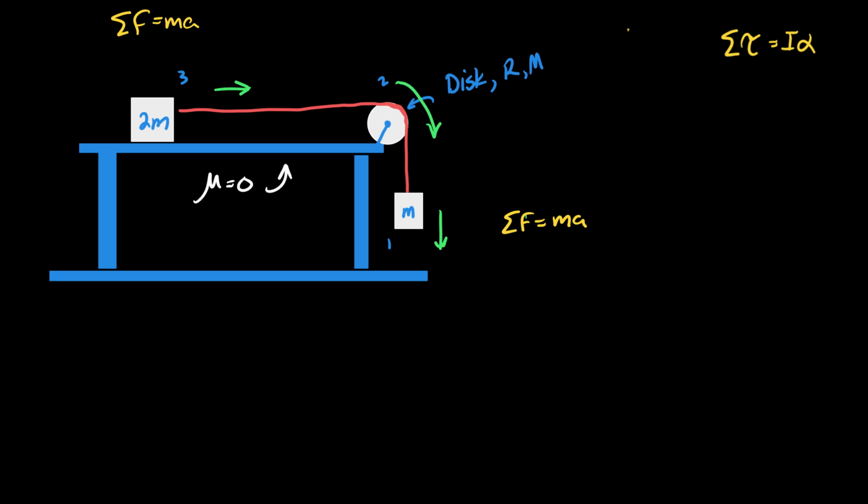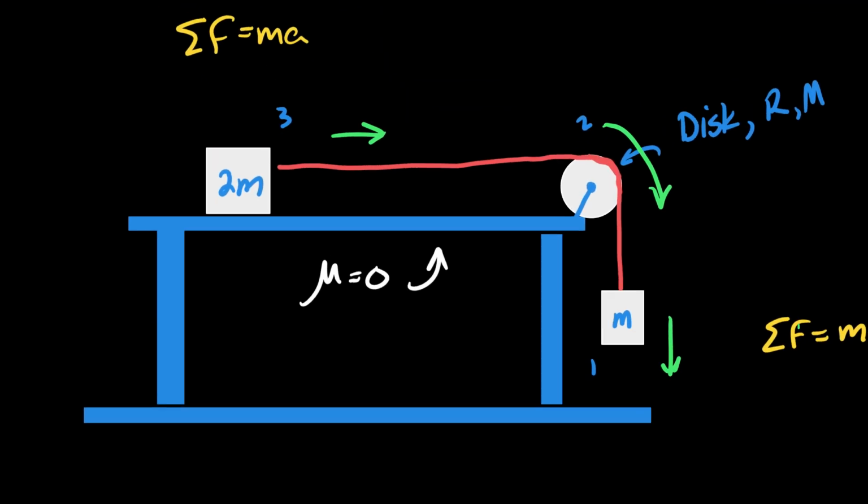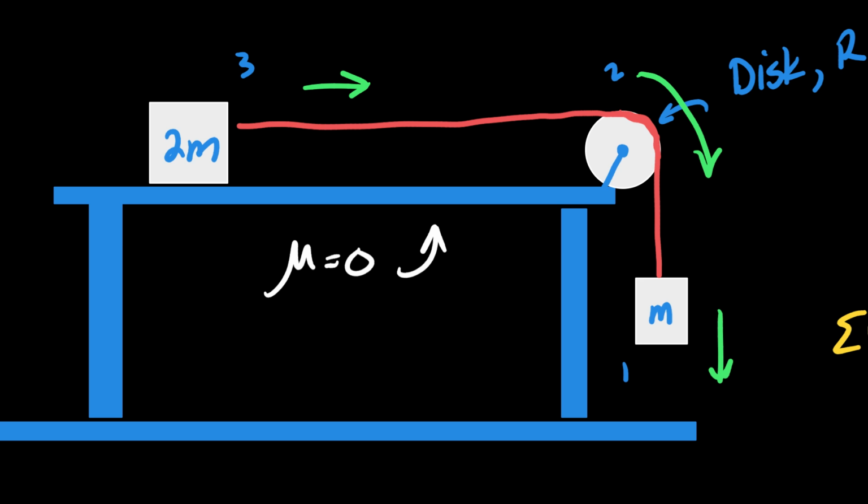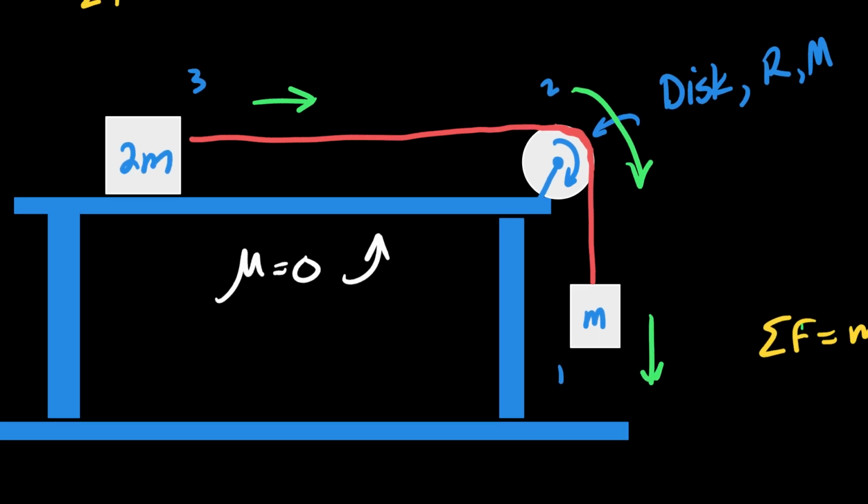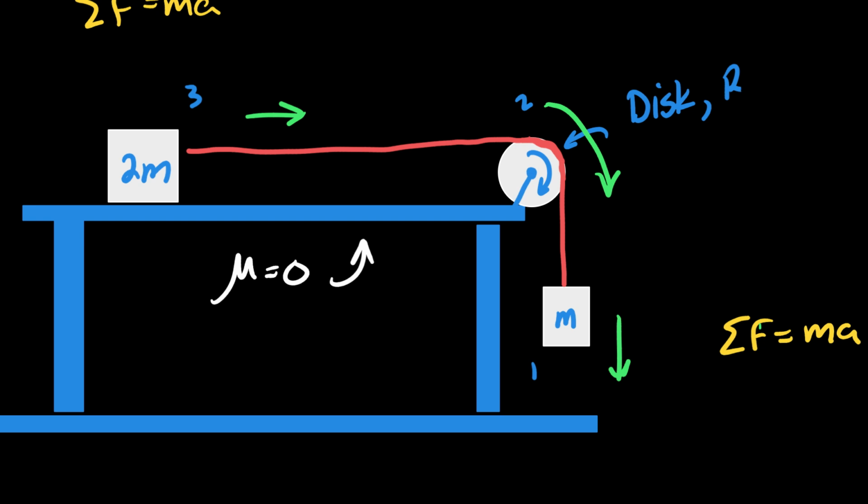Can we agree that the pulley is going to spin in this direction based on what's happening in this problem? Okay, I want you to think just for a moment deeply about something I'm about to say, or at least try to.